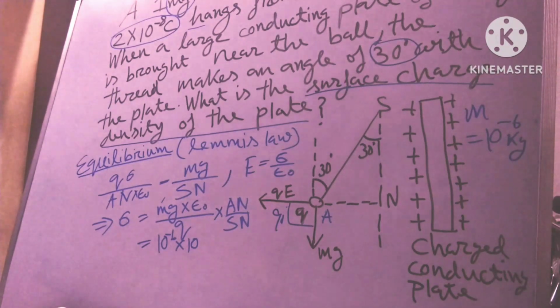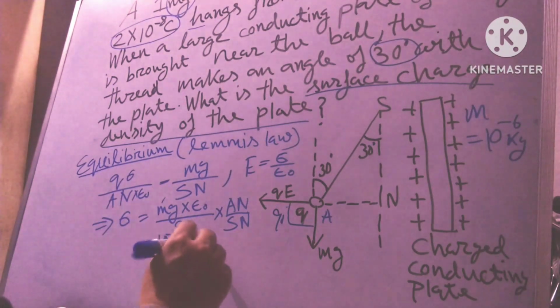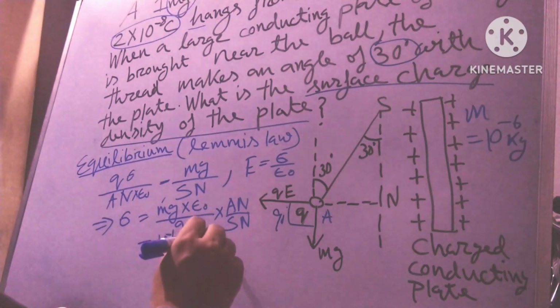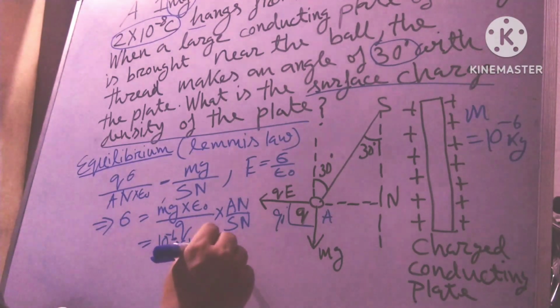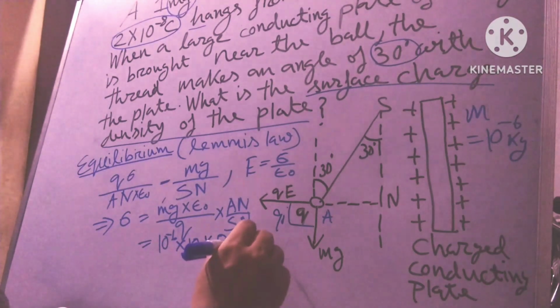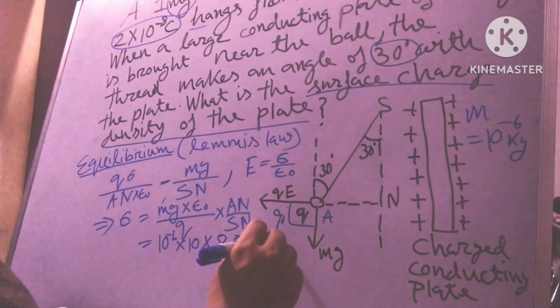So 10 to the power minus 6 into 10 into epsilon 0, the absolute permittivity value, 8.854 × 10^-12.